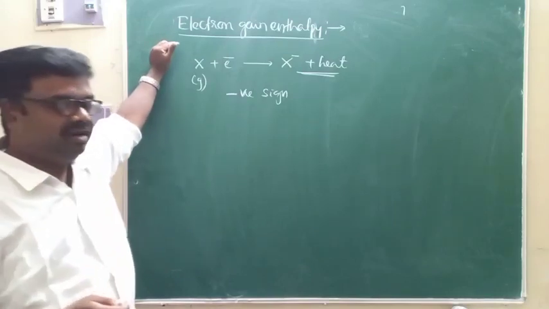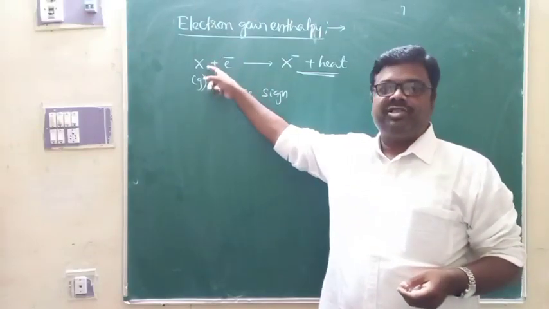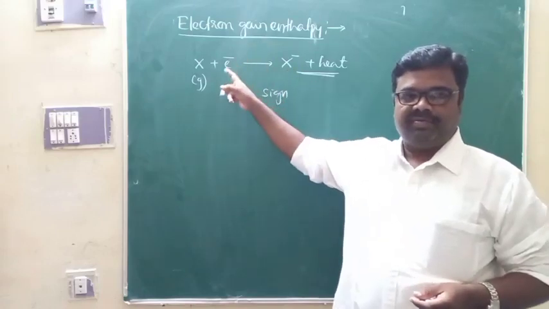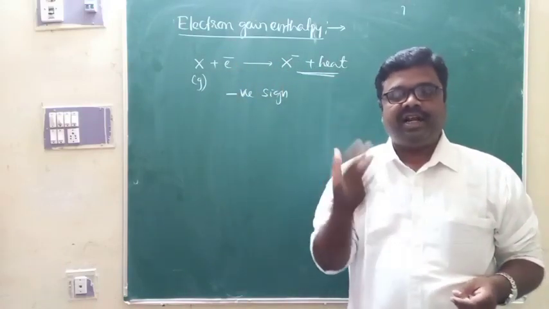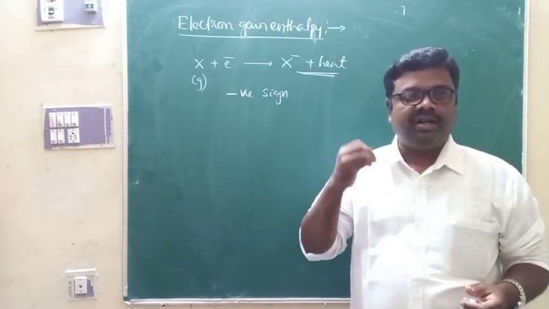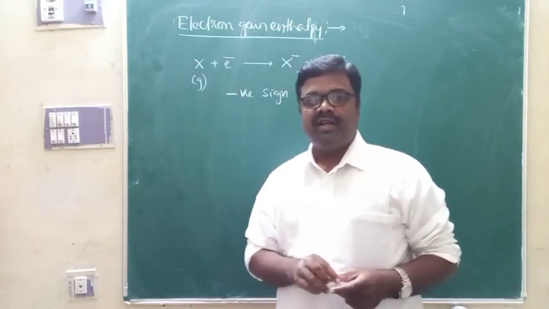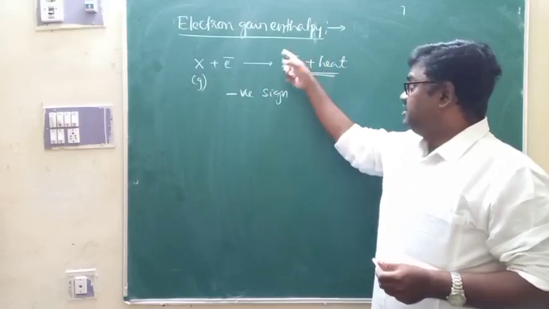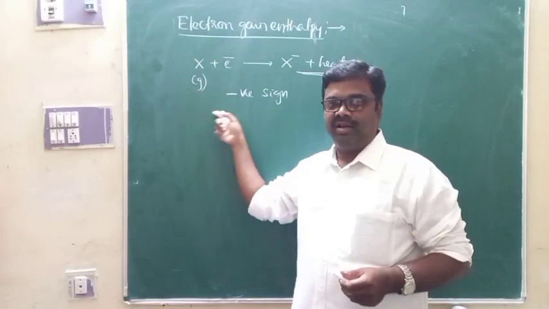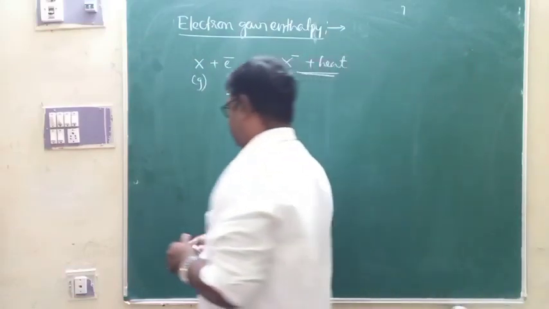That is, electron gain enthalpy is a direct measure of the ability of a neutral gaseous isolated atom to hold extra electron. That is what we call electron gain enthalpy. As the amount of energy liberated increases, electron gain enthalpy increases, and the ability to hold extra electron also increases.